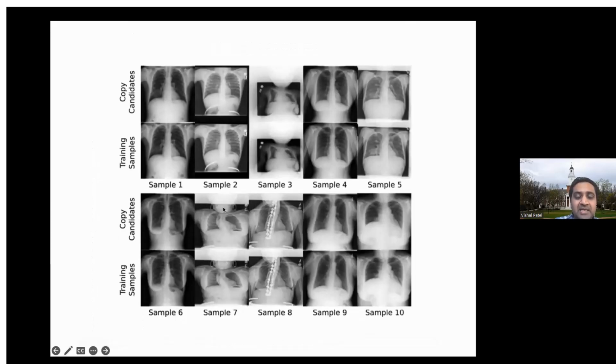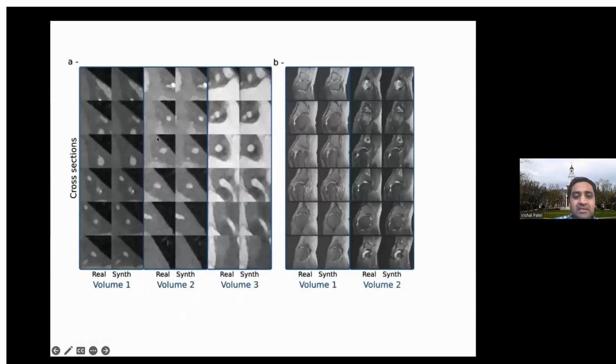And here are some of the exact images that they've shown in their paper, where the training images and the generated images are exact replications, right? And here are some more examples where the generated images and the real images are replications.